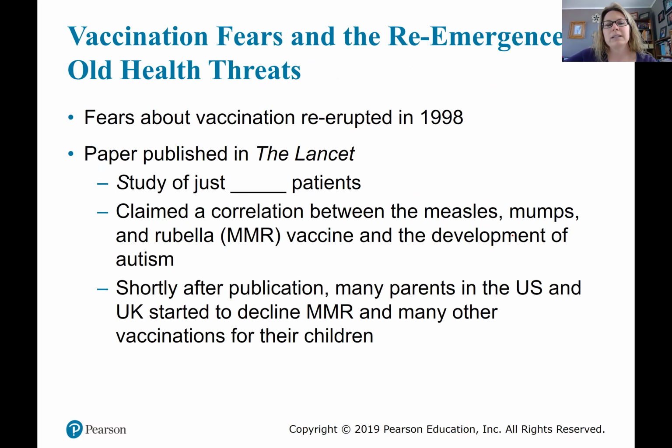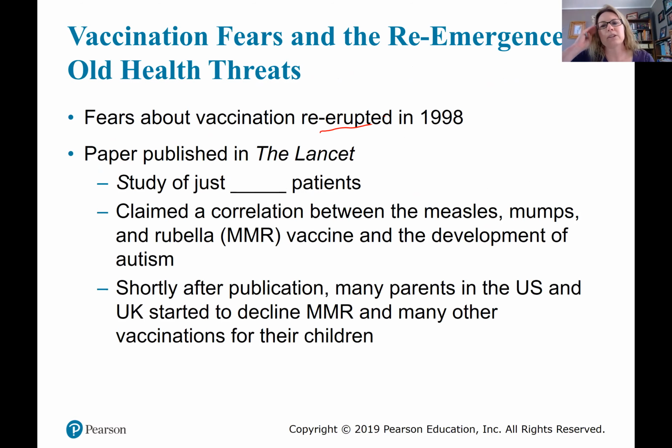But the most recent re-eruption of fears about vaccination started out in 1998 in a paper published in The Lancet. And The Lancet is basically a medical journal, a peer-reviewed journal out of London, I believe, or somewhere in England.